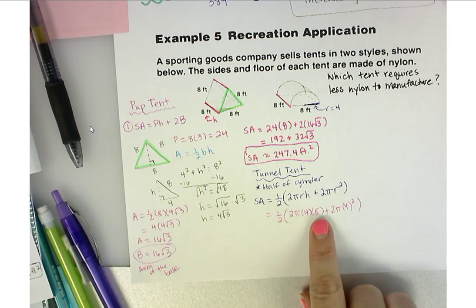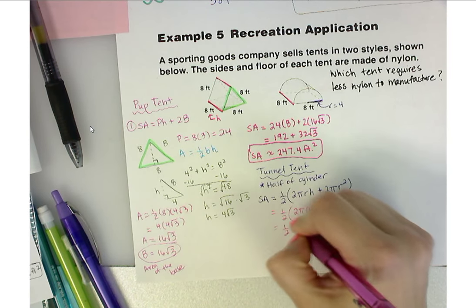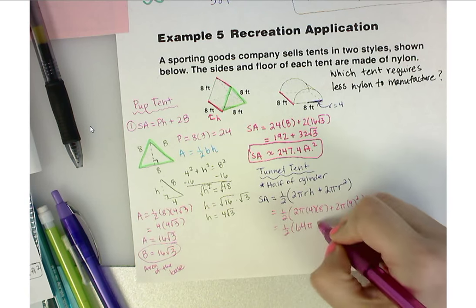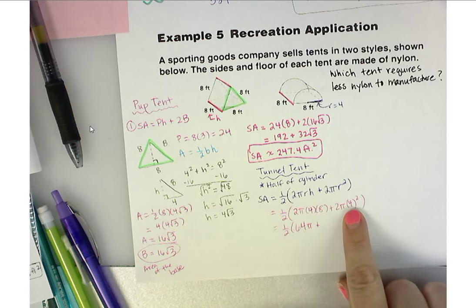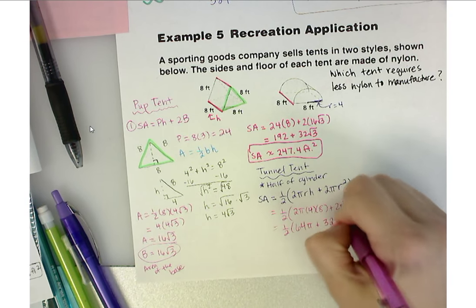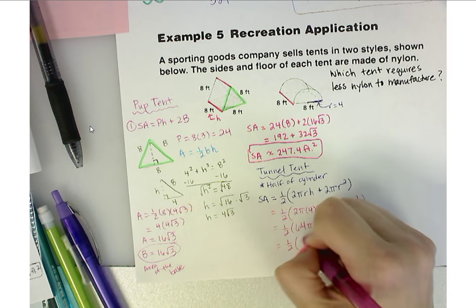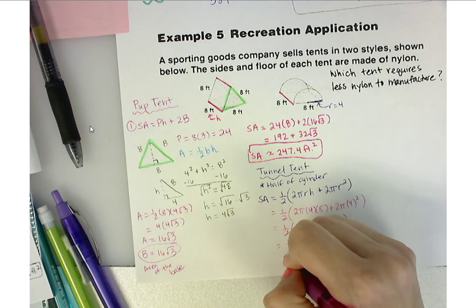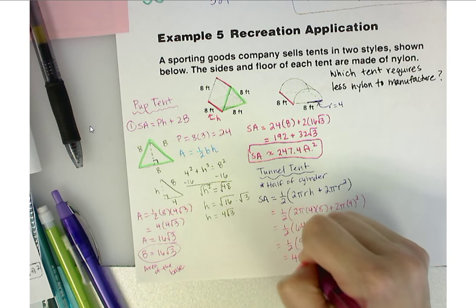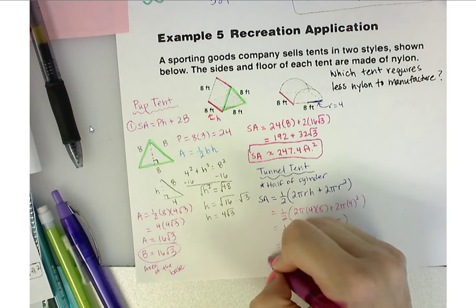So what's 4 times 8? 32. 32 times 2? 64, so I have 64 pi, plus 4 squared is 16. 16 times 2? 32. Okay, so then when you add 32 and 64, you get 96. And then half of 96 is 48.